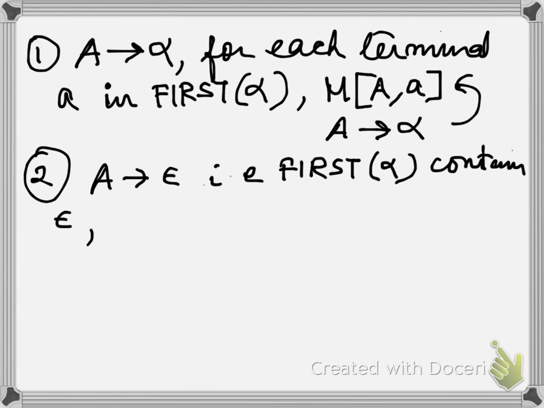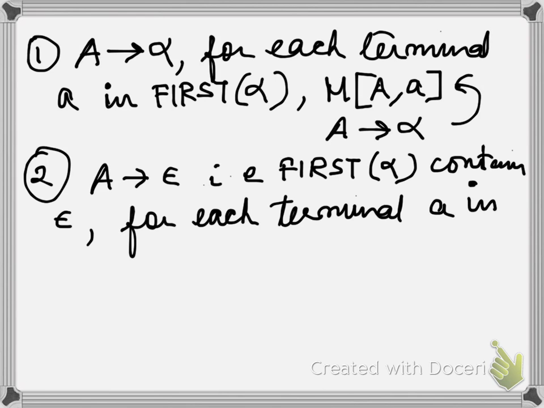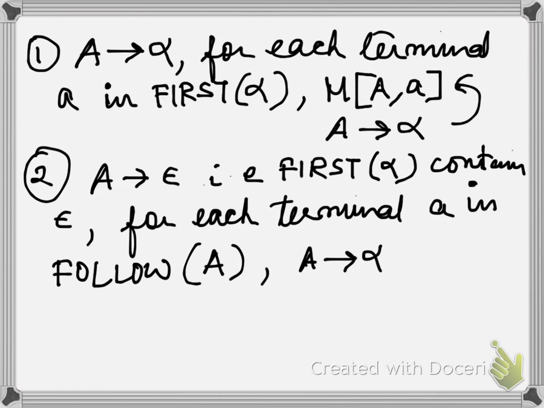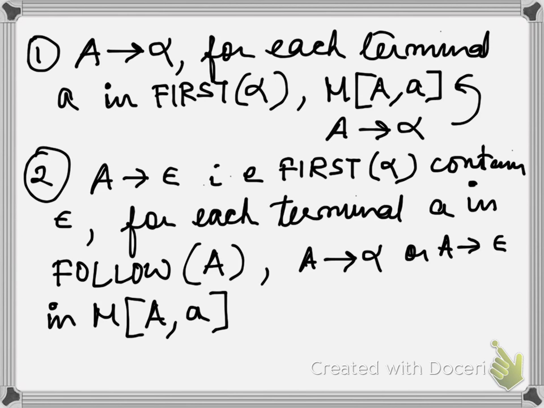In such a case, for each terminal b in follow of A, we add the production A derives alpha, or you can write it as A derives epsilon, in the entry M[A, b]. So this is the algorithm, very straightforward.